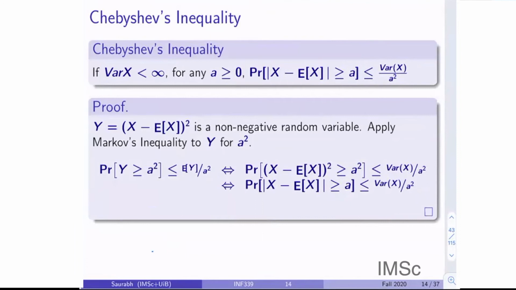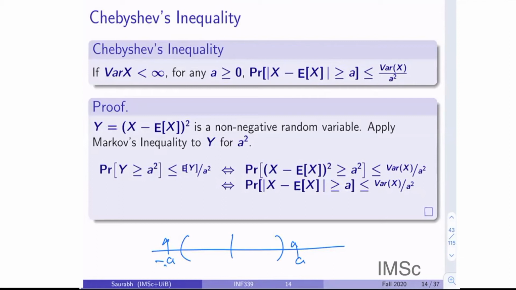If you look at your random variable x, when will this happen? If x minus E[x] is less than or equal to minus a, or x minus E[x] is greater than or equal to a, then definitely (x minus E[x]) squared is greater than or equal to a squared, which is the same as |x minus E[x]| greater than or equal to a.